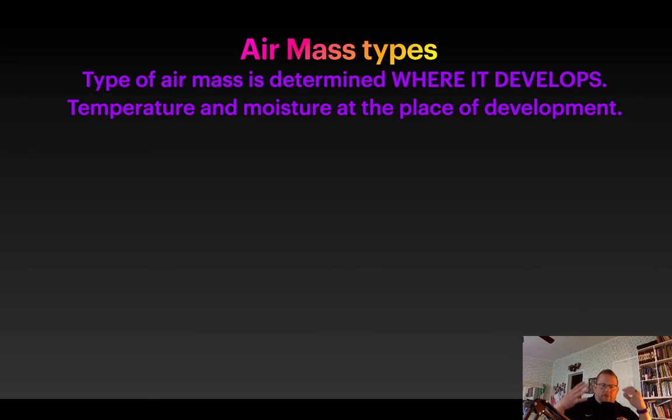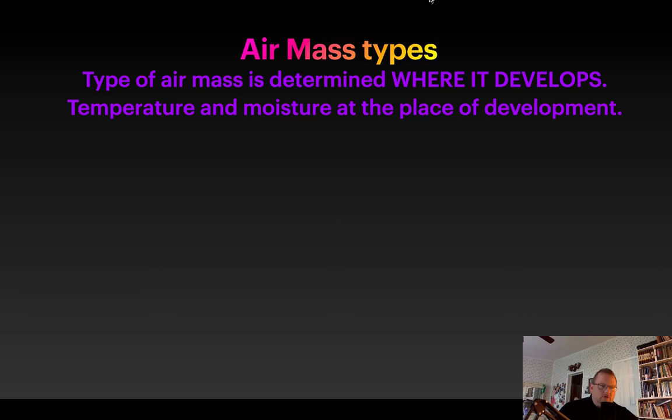So I'm just giving you the basic 4 categories of air masses. There's really 2 major categories, and then those 2 can be broken up into 2. So we'll talk about that. A type of air mass is determined by where the air mass develops and what the temperature and the moisture is at the place of development.